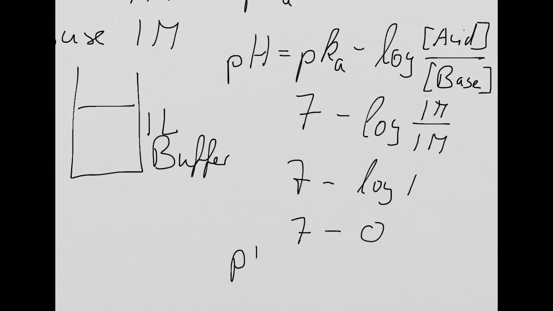So pH equals 7. Happy with that? So the pH of this solution is 7. It's exactly the same as our water as we had in the first place.